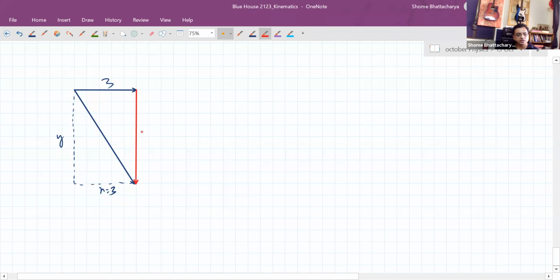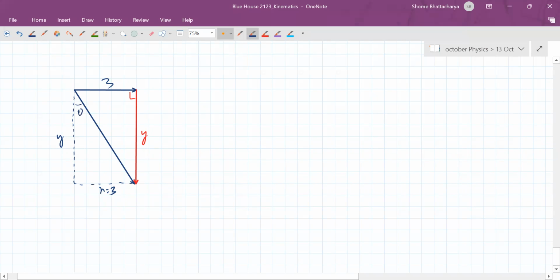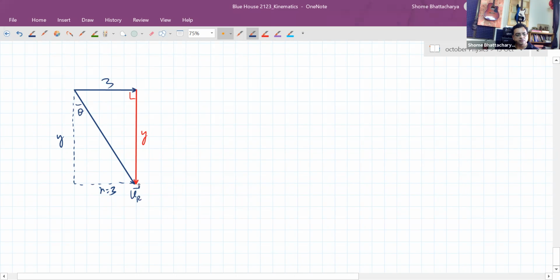And whatever this relative velocity is, that's the same. So you can see that the velocity of the rain in the ground frame, the magnitude of this, is y. Like this.